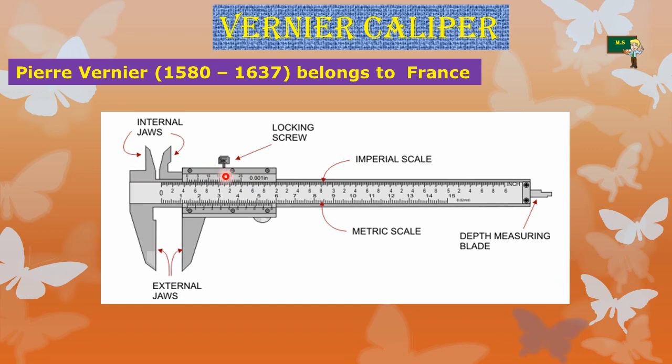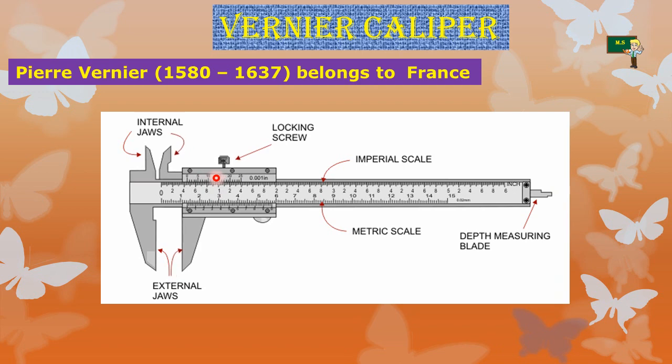The vernier scale is marked on the slider and moves along with the movable jaws and the slider. You can use this to move from left to right or right to left. The lower jaws are used to measure the external dimensions, and the upper jaws are used to measure the internal dimensions of objects.